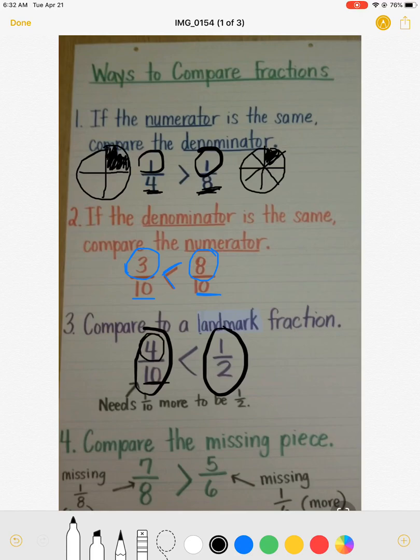So, I know that half of 10 would be 5. So I know 5/10 is equal to 1/2. But looking back at our fraction here, this is 4. And 4/10 is 1 less than 5/10. So 4/10 is less than half.